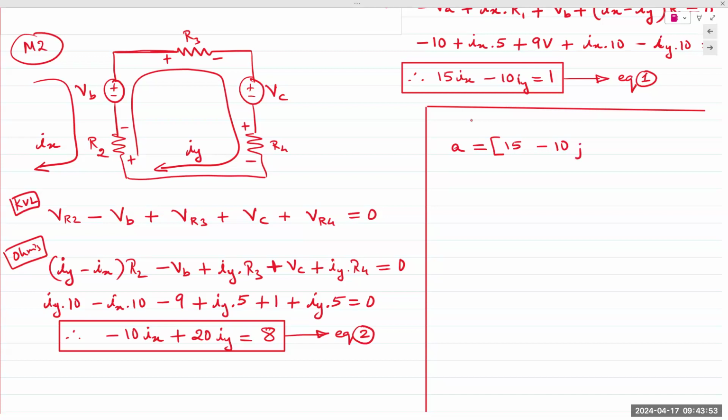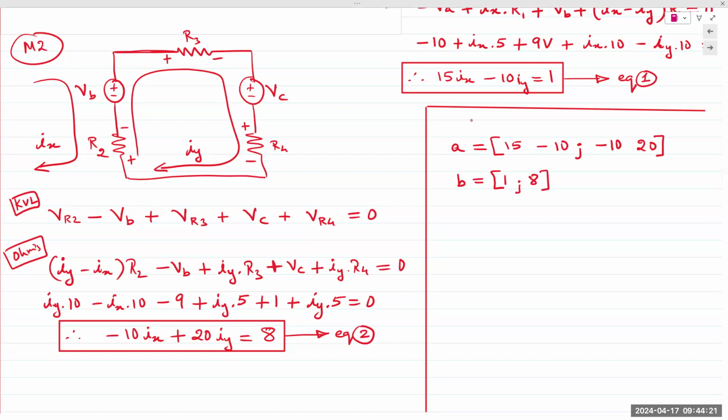And then you define equation 2, semicolon, that's not a J, it's a semicolon. And then for equation 2, minus 10 plus 20. That's it. And then you type in B equals your values, which is 1, and again, semicolon 8.